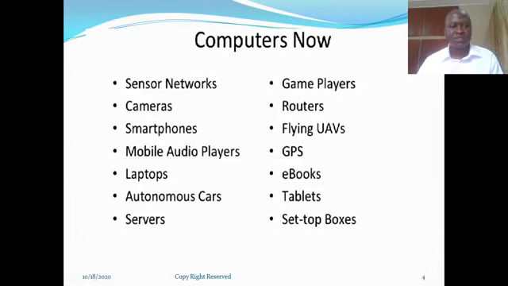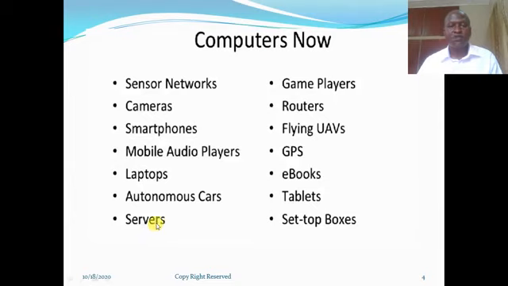We now have computers in sensor networks. All of the digital cameras in use today also have microprocessors at their heart. We have the smartphones, your mobile audio players, your laptops. We also have autonomous cars that have already sprung up in some other parts of the world, where the cars are able to drive themselves without a physical driver.